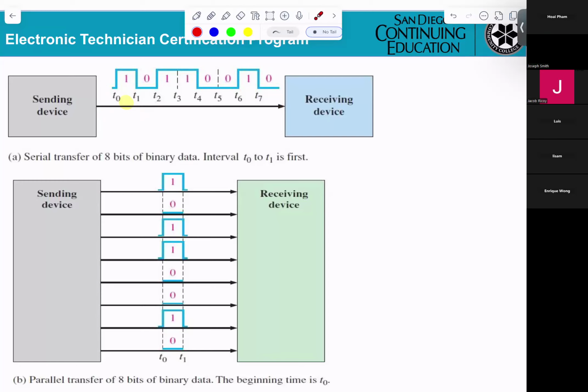And basically, I can tell you, in your telephone you're using only serial data. You cannot use parallel data, because you don't have enough wires. They need only one wire. However, again, inside the computer they're using only parallel data.